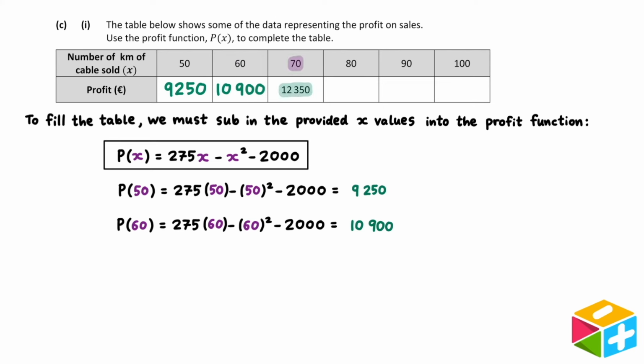The next entry in the table is already done for us. We've been told that if 70 kilometers of cable is sold, there'll be a profit of €12,350. To finish off this question, all we need to do is sub in x equals 80, x equals 90, and x equals 100 into our profit function.